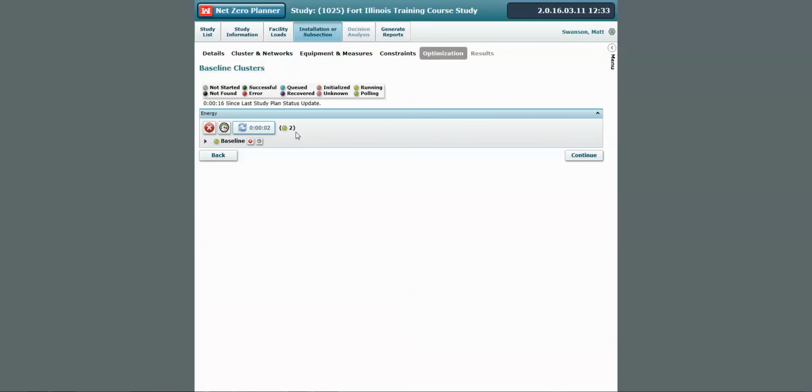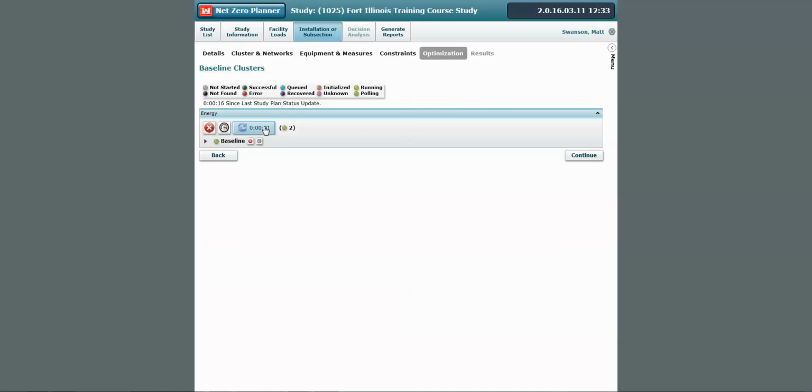So now they're both running. For baseline tests, there's very little computation that needs to be done. It should be a very fast run. Go ahead and click again. Usually this takes less than 30 seconds until the optimization is completed for the baseline. When we get to the alternatives, it will take a few more minutes, something closer to the amount of time you would see for the facilities running.